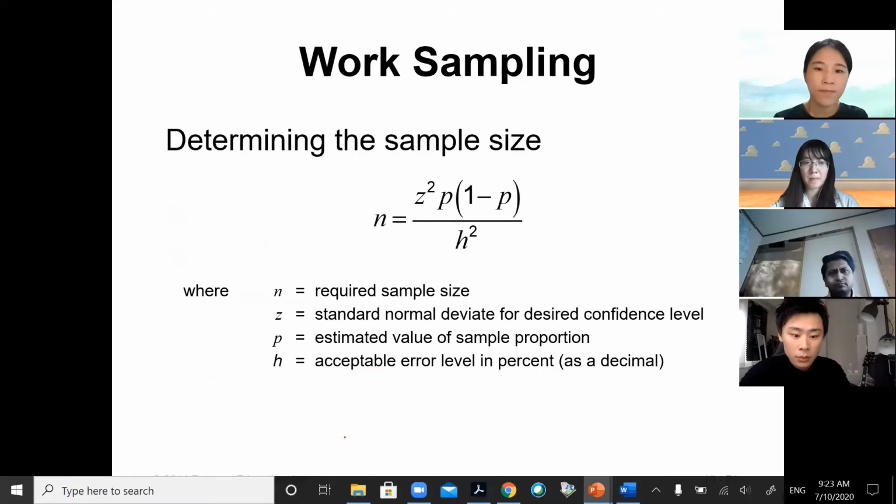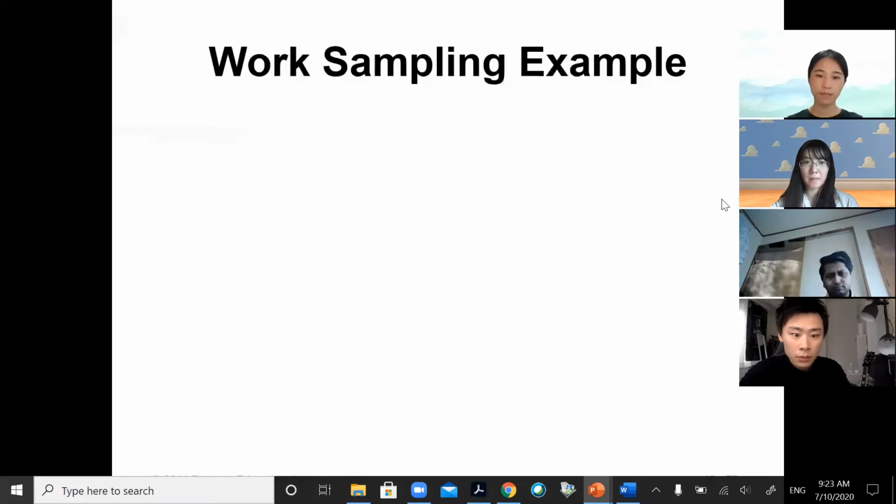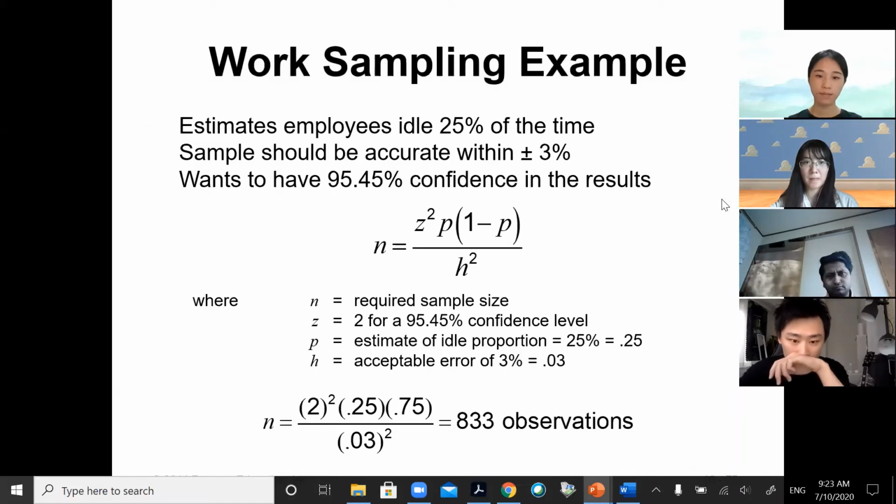So this is the sample size. You can use a formula. I'm not going to go into detail on this, just for you to know that there is a method for determining sample size for accuracy purposes. For example, in this case, you estimate the employee's idle time is 25% of the time. Like I said last week, you don't work at 100%.